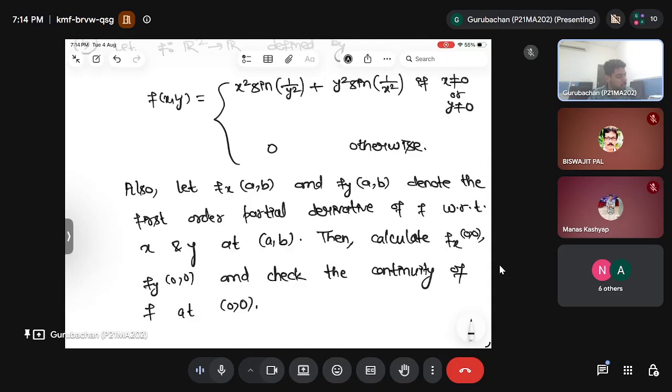See, in general, there might be some function for which the partial derivative may exist, but the function may not be continuous at that point.